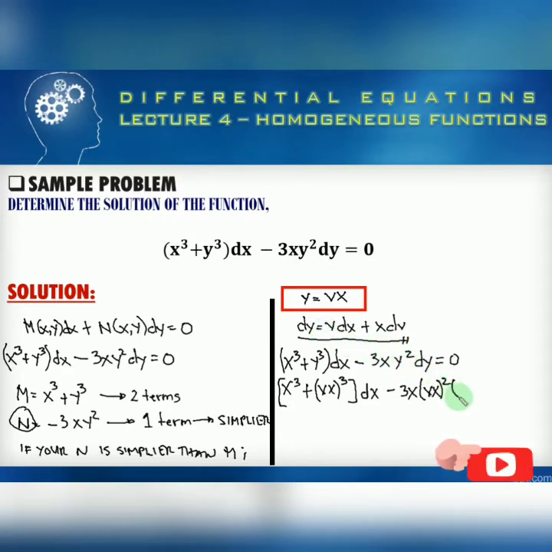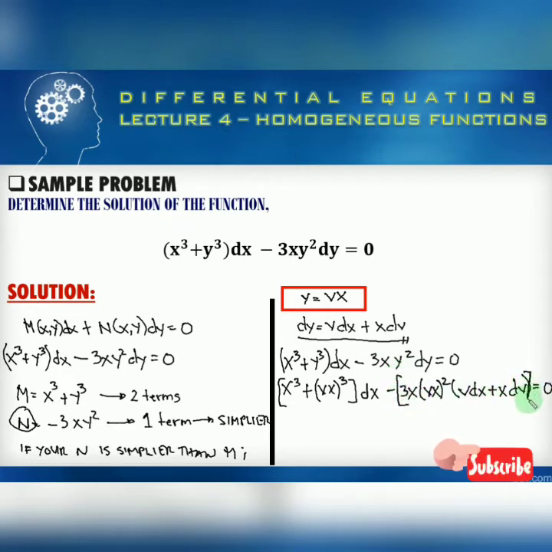We will write dy as b dx plus x db, which is equal to 0. Since this is one term, you may opt to put a bracket here.